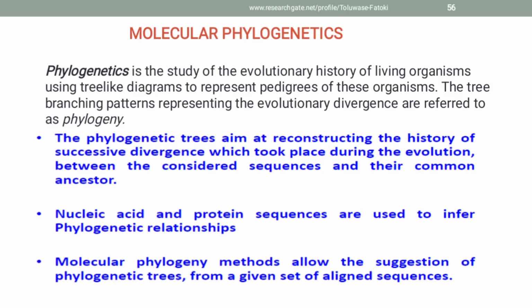For you to construct a phylogenetic tree, you must have more than two sequences, because a phylogenetic tree has to be built based on multiple sequence alignment. So for you to construct a good phylogenetic tree, you must have more than two sequences, either DNA, nucleotide, RNA, or protein sequences.